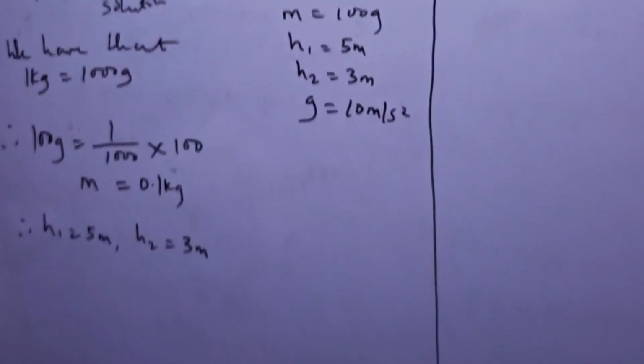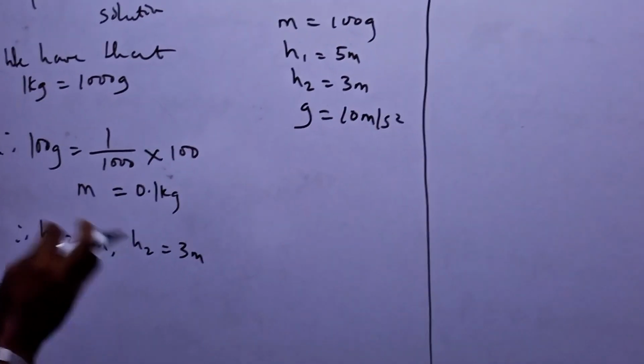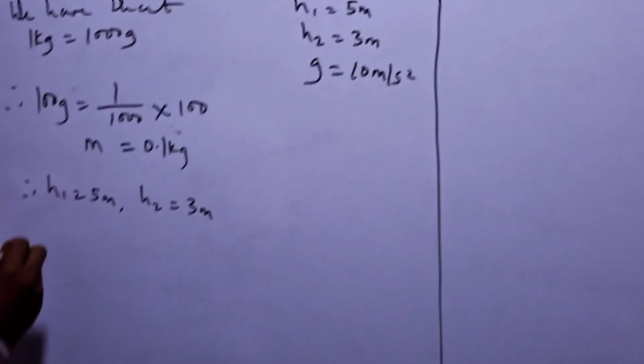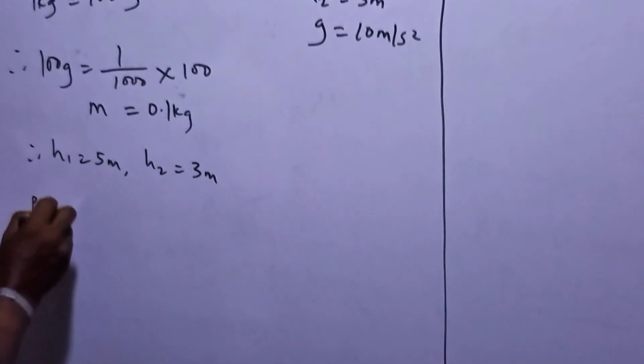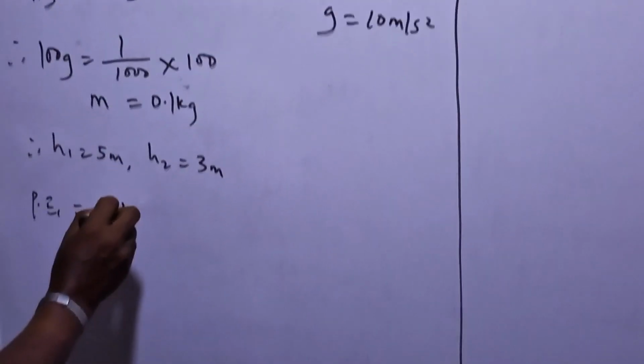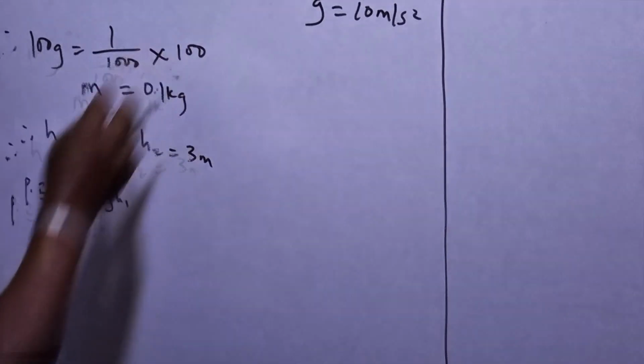Now let's solve for the potential energy at the first height of 5 meter. We have PE1 equals mgH1 as the first height.